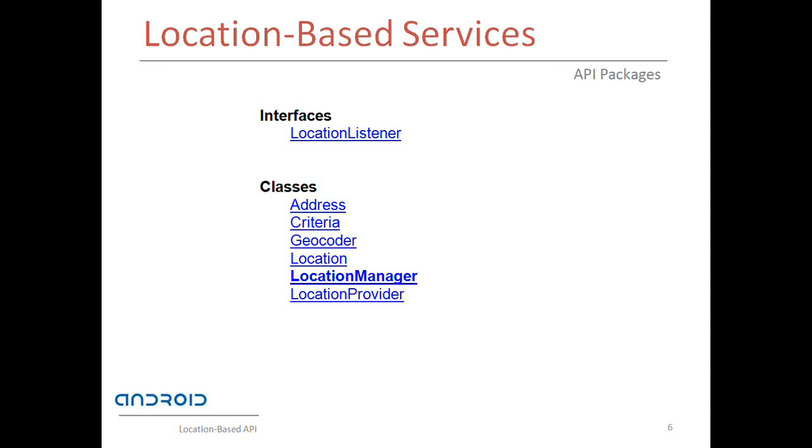You need to get the manager from the system service. We will show this in an example. When building location-aware applications on the Android platform, there are several key classes that we will use. Besides this, we will use the location provider along with the location manager.